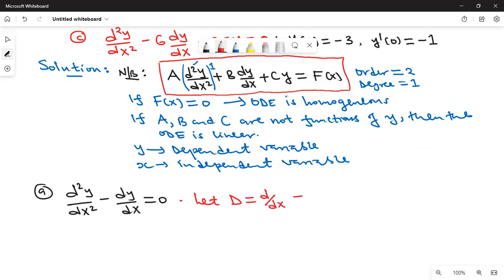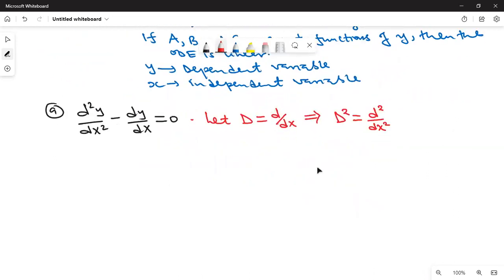So that if I square both sides, I get D squared is equal to the second derivative with respect to x. So now the equation can be written in terms of the D operator. This derivative will now be D squared operating on y. Then the other derivative is simply D operating on y to give us 0.